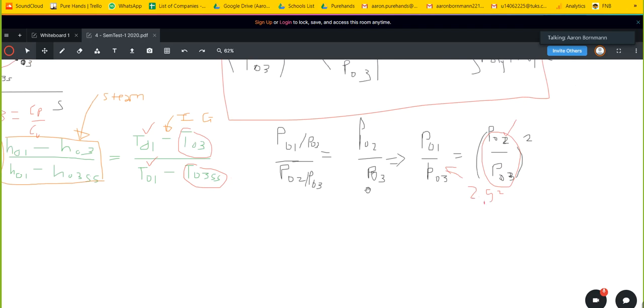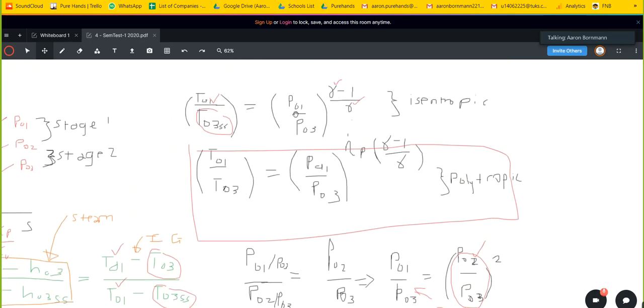If we look at our formula, we have P01 over P03, which is 2.5 squared. We've found that, and we know what T01 is and the rest, so we can solve for this. So therefore T03 is known.